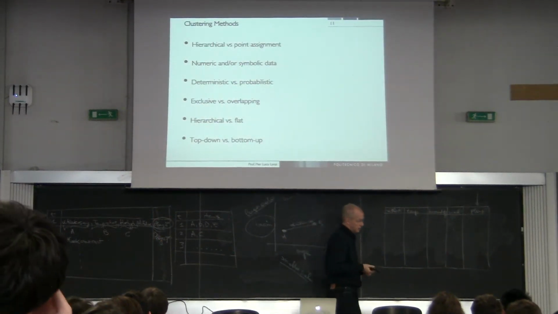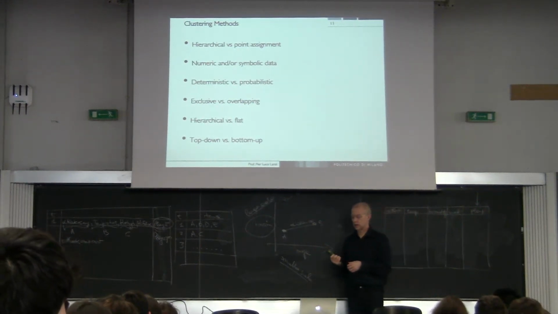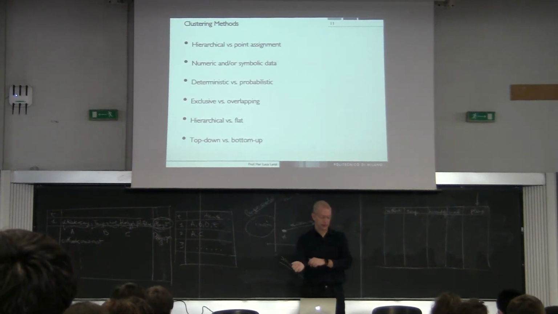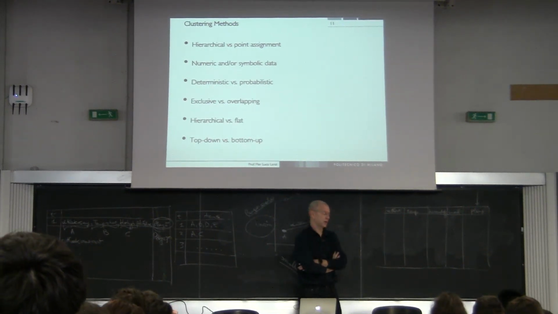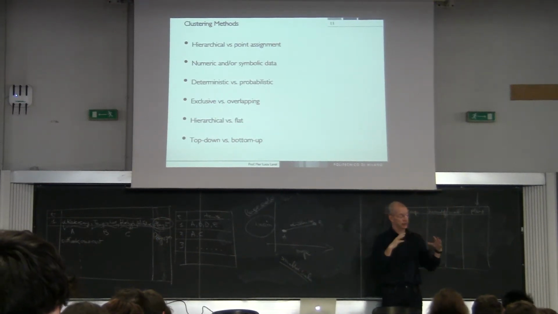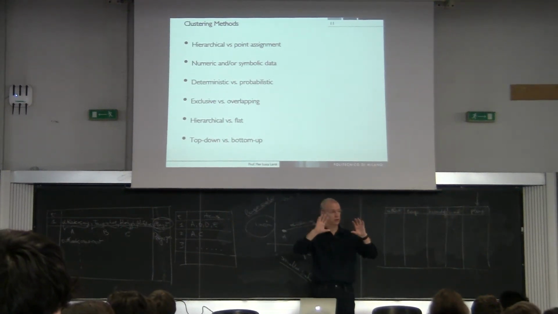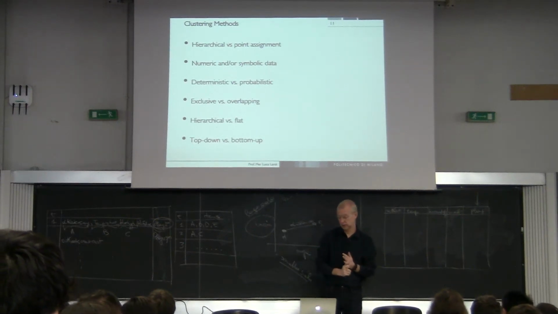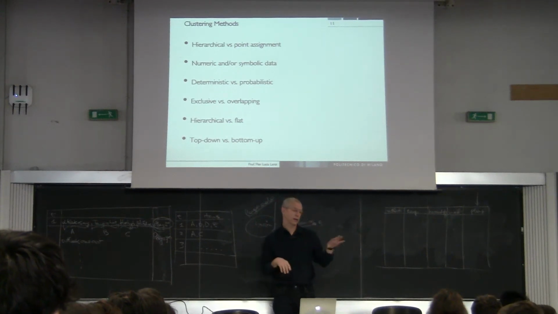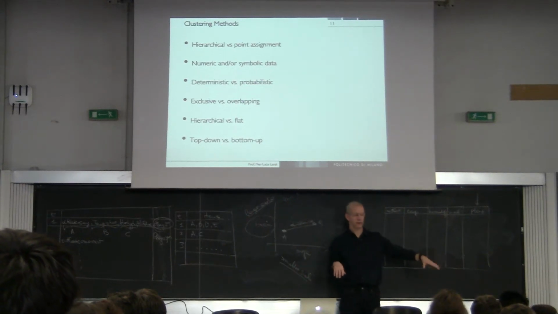Now there are hundreds, if not thousands, of clustering methods. We are going to see 4 or 5. They divide themselves because sometimes they are hierarchical, in the sense that they don't produce a single clustering, they produce a hierarchy inside the data. So they don't produce just one solution, but a hierarchy of solutions. They can be numeric or use symbolic data. They can be deterministic, like I'm a good customer, I'm a family guy, and my pattern is inside the family group.